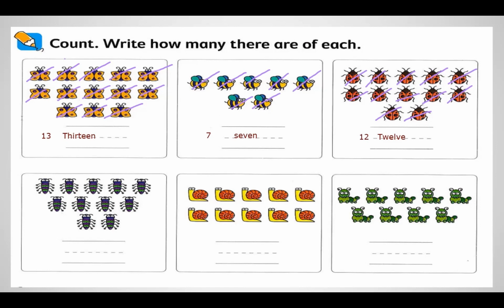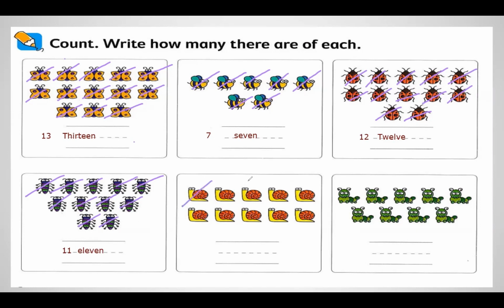The next one, let's count together. 1, 2, 3, 4, 5, 6, 7, 8, 9, 10, 11. And 11 is written as E-L-E-V-E-N, 11.